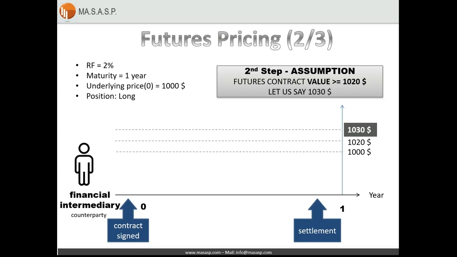So, he will have to get hold of the underlying. Then, he first borrows $1,000 from the bank. Then, he invests this amount of money to buy the underlying in order to fulfill his obligation.